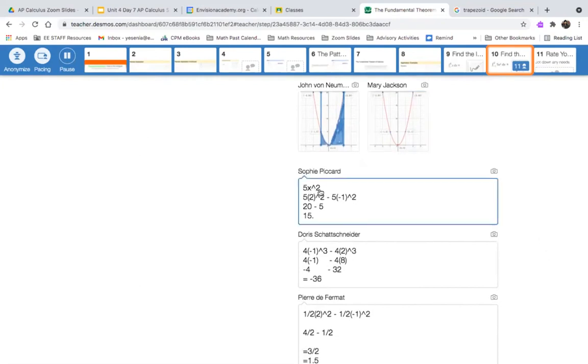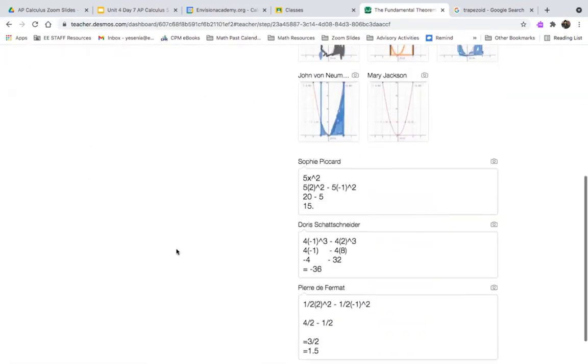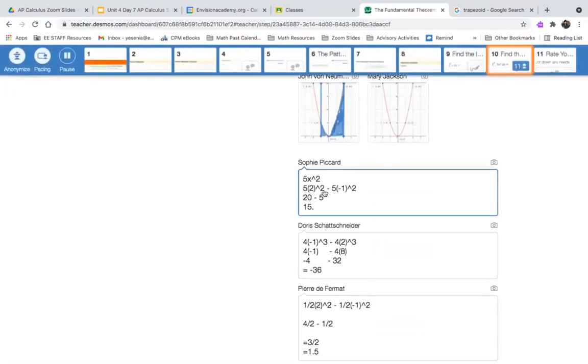So I see 5x squared, and I see that we're plugging in the upper limit value. I see 2 being plugged in, subtract, and I see the same expression, but we're plugging in the lower value. However, it looks like Doris here has a different antiderivative that they're plugging into. So I see a 4.